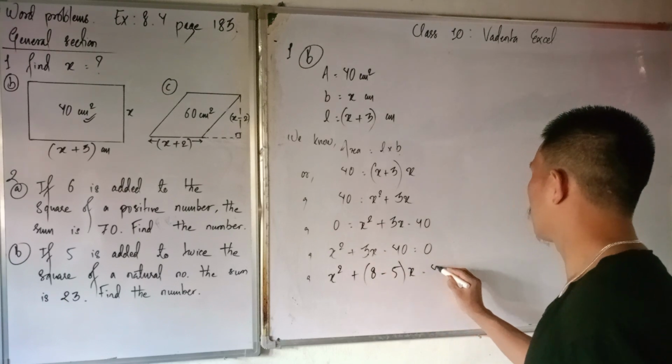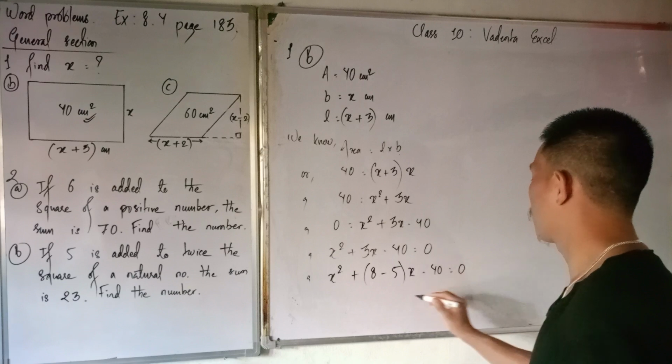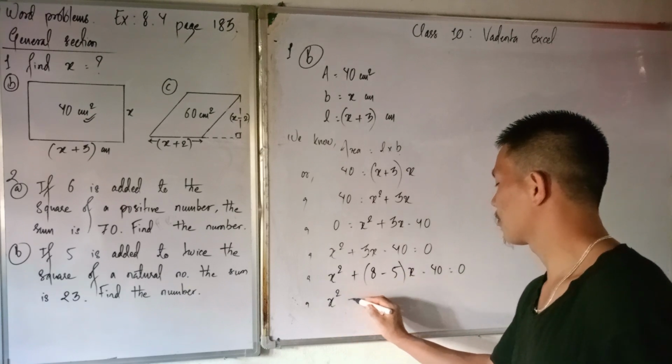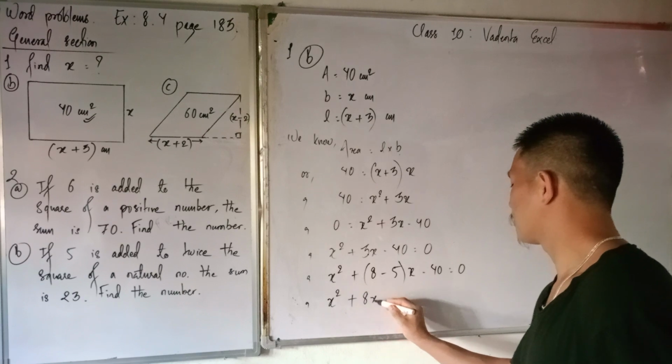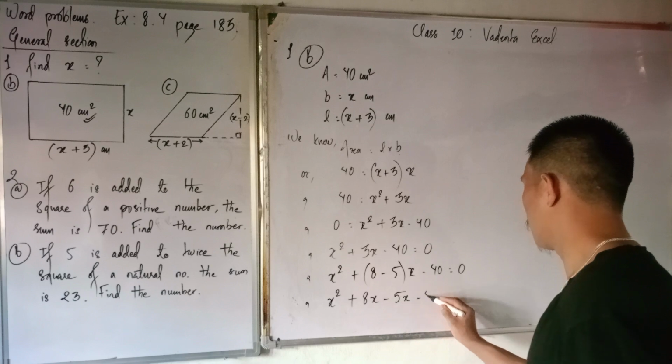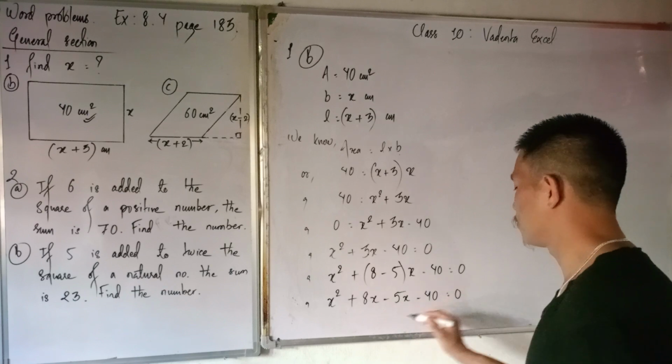Now you just open this bracket: 8 times x, minus 5x, minus 40 equals 0.